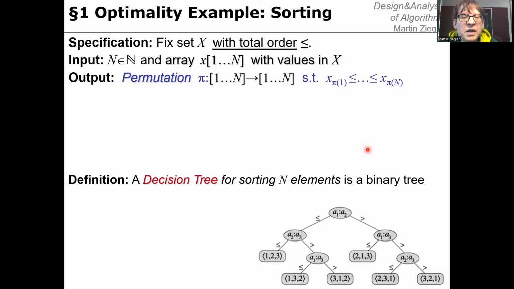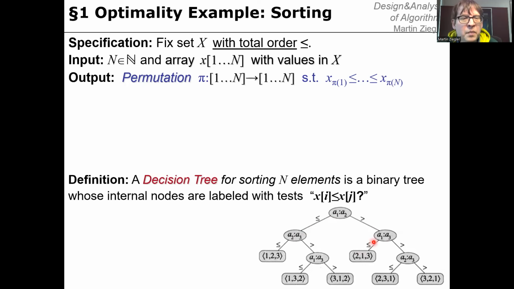So the general setting is we define a decision tree for sorting elements to be a binary tree. You see here it's a binary tree whose internal nodes are labeled with tests. Here the tests are called compare the ith element in the input array to the jth element. Here these are called A_i and A_j.